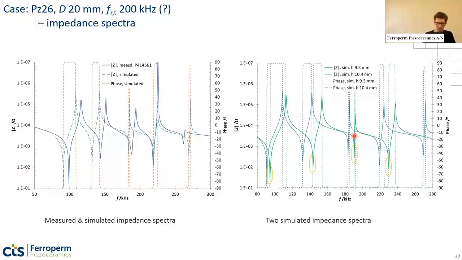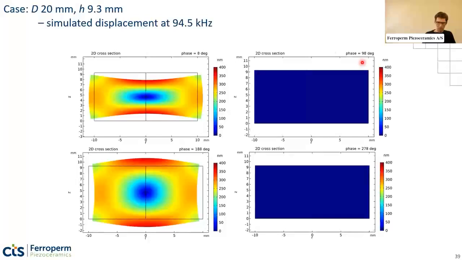I'll have to go a little quickly now, but I'll just mention that we have looked more carefully at these 4 different resonances for the green case here of 9.3 millimeter thickness. The FEM model will actually tell you how the displacement is. This is how the radial planar coupling mode will look in terms of actual displacement.